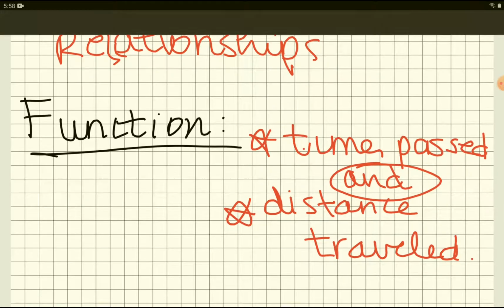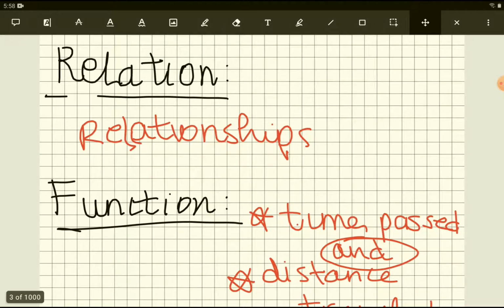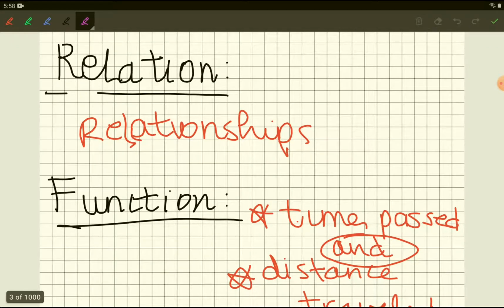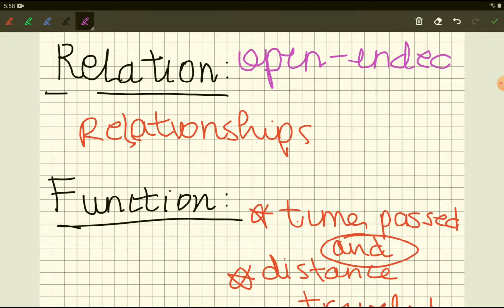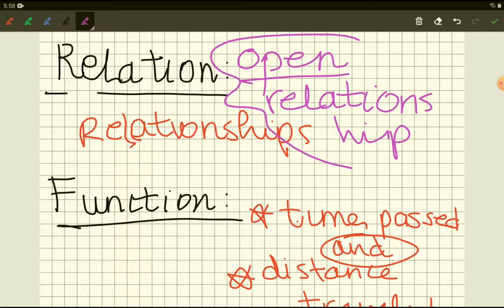So there's relations and then there's functions. You could think of relations as kind of like an open-ended relationship, or let's just call it an open relationship. In this open relationship, there are no rules.